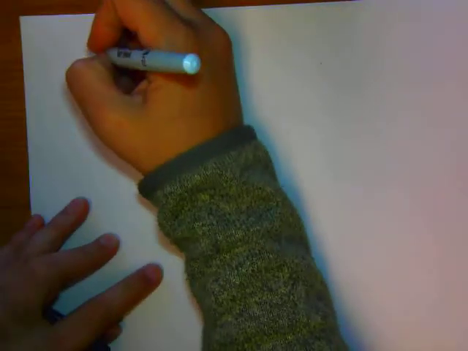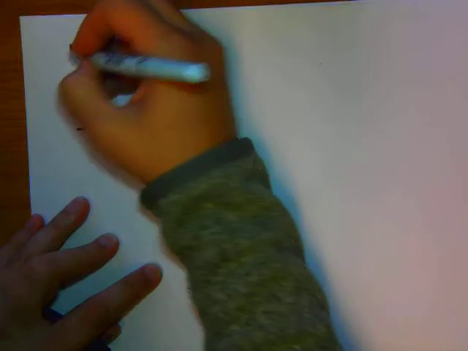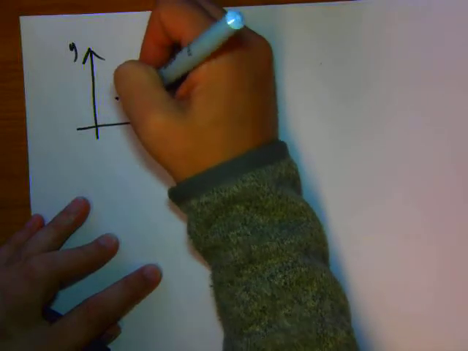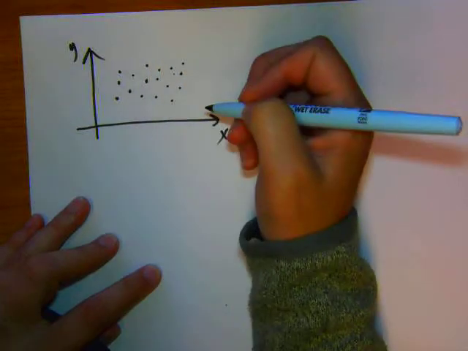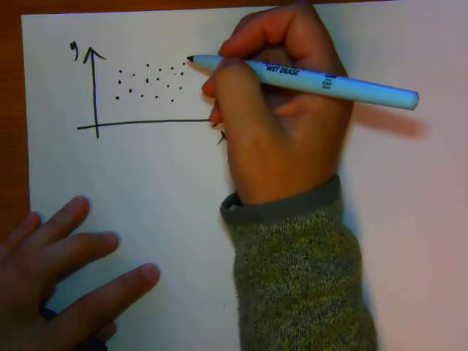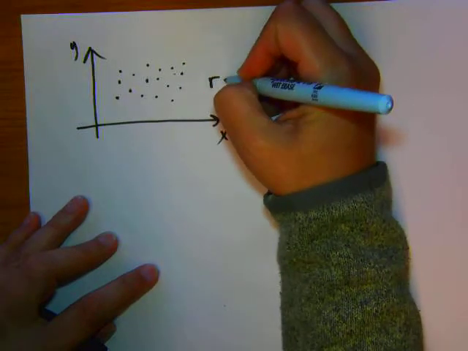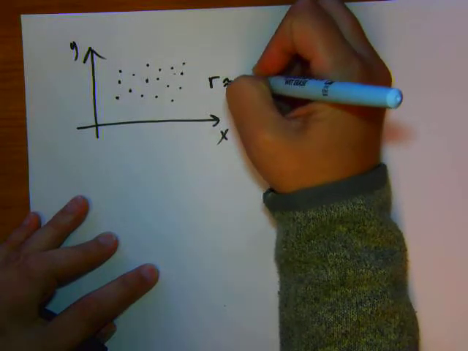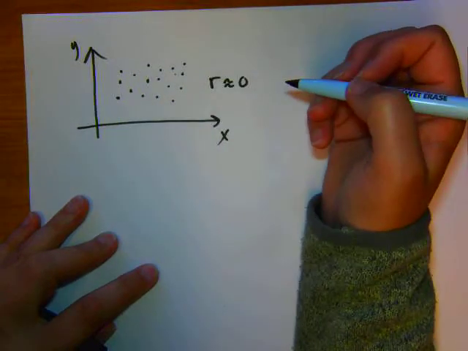If you had a scatter plot, for instance, that looked like this, very spread apart, not really apparent up or down relationship going through, your r would be close to 0. I'll put this squiggly equal sign. It's not going to be exactly 0 unless all of the dots line up in a straight line, flat across horizontal.